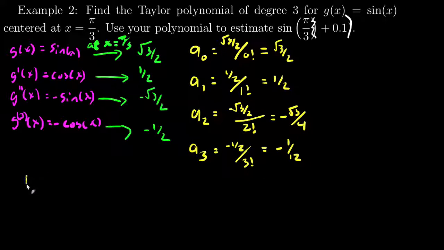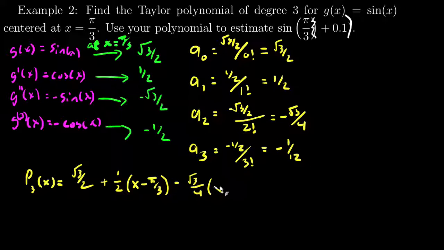So that gives me that the third degree Taylor polynomial will equal root 3 over 2 plus 1/2 times (x minus pi over 3) minus root 3 over 4 times (x minus pi over 3) squared minus 1/12 times (x minus pi over 3) cubed.